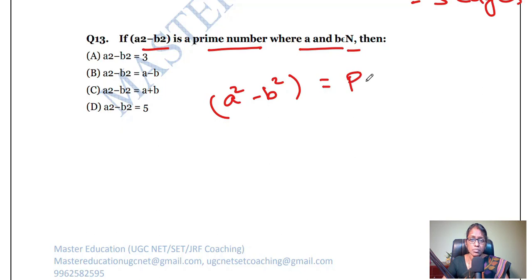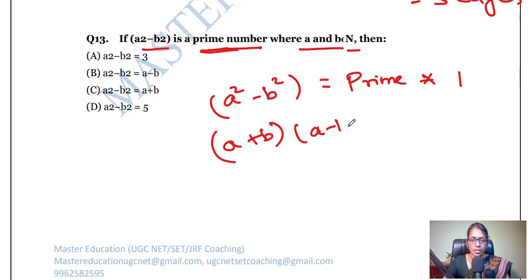A prime number must not be divisible by any value, right? So prime into 1. I can say this as an equation. a square minus b square equal to prime into 1. Okay. So a square minus b square can be written as a plus b into a minus b.